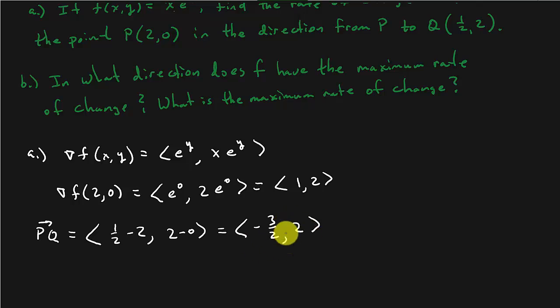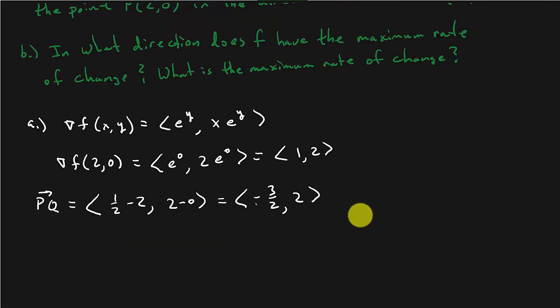All right. So what do I need? Well, the directional derivative of f at (2, 0) is the gradient at (2, 0), which we have here, dotted with the unit vector. Well, we need the unit vector. That's not a unit vector there.